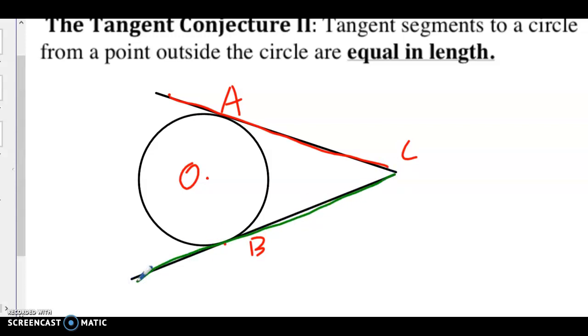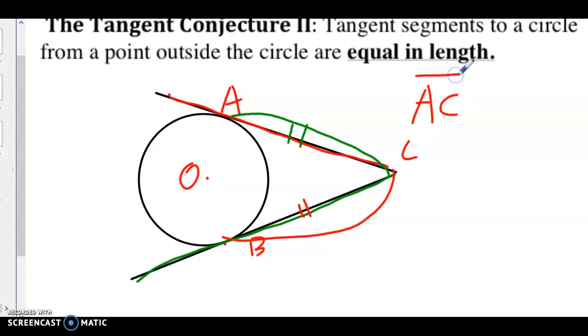For those two tangents, we have the conjecture that this length right here equals this length right here. So segment AC equals segment BC. They have equal length since they are both tangents. Okay, so those are the lessons for today.